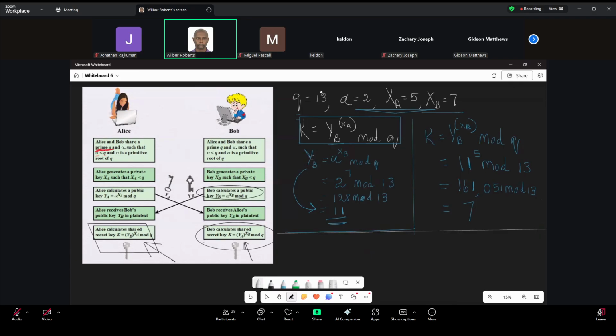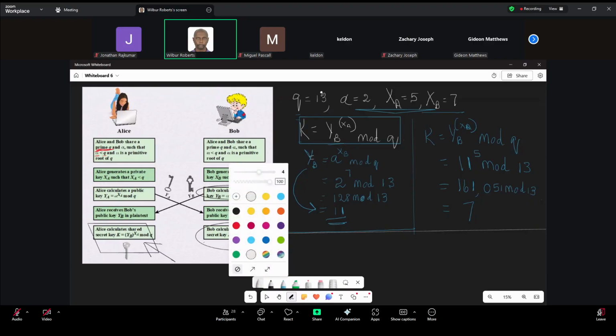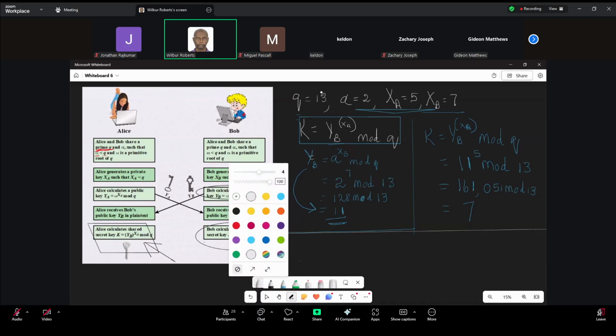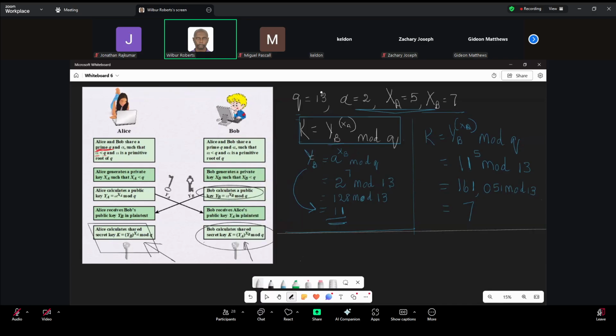So, if we use K is equal to, coming across here now on Bob's side, we say K is equal to YA to the power of XB mod Q. We don't know YA, so it's YA to the power of XB.